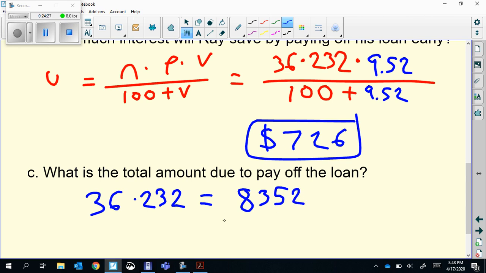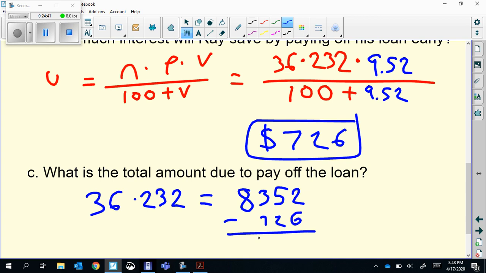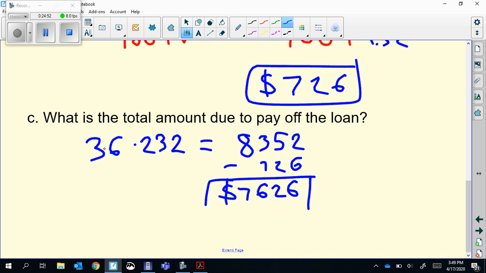But he's saving the $726, which leaves $7,626. So that is the payoff amount, because instead of paying 36 payments of $232, which would be a grand total of $8,352, he saves that $726 by paying it off early, and he does not have to pay that, so you just subtract it.